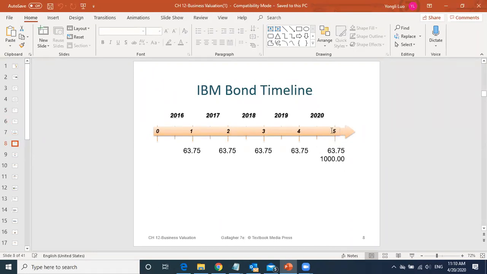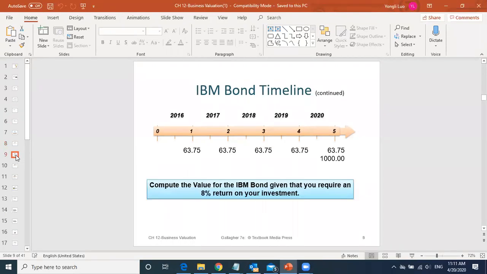At maturity, year 5, the bond is going to expire, and you receive your principal or par value, which is $1,000. This is the timeline for the cash flow you receive during that 5-year period.